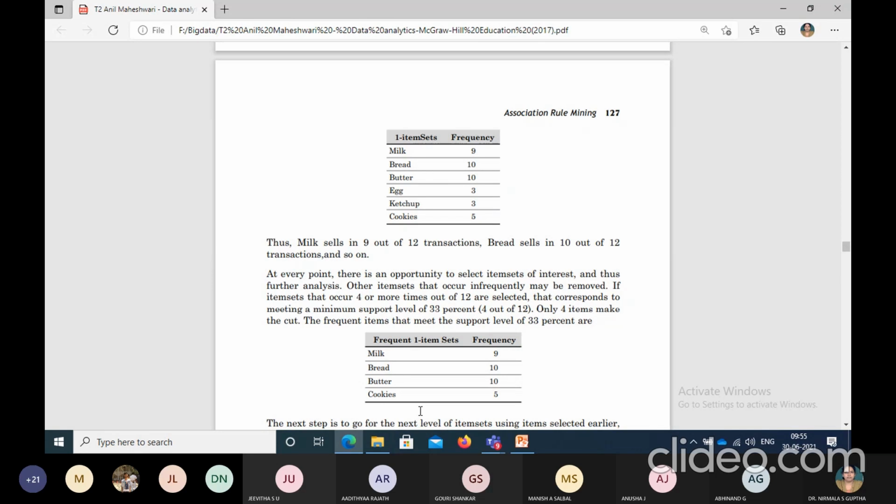There are 4 products with us: milk, bread, butter, cookies. Now I need to make combinations of 2 items: milk-bread, milk-butter, milk-cookies, bread-butter, butter-cookies, bread-cookies, from the item set displayed on the screen.